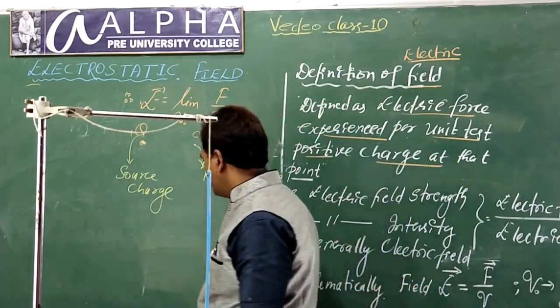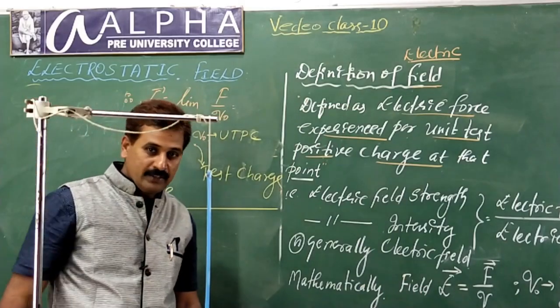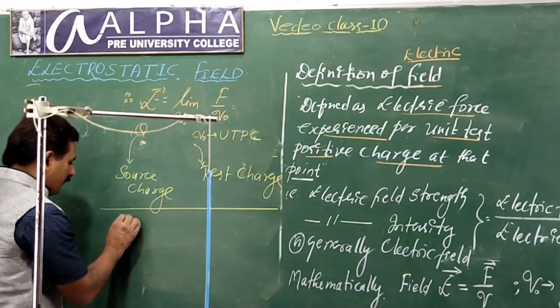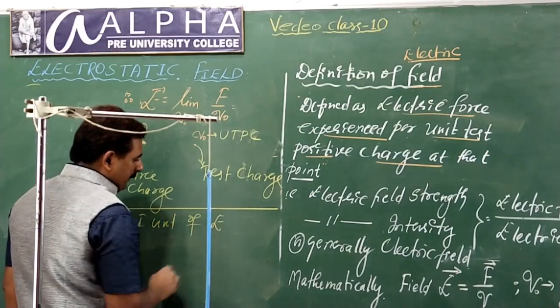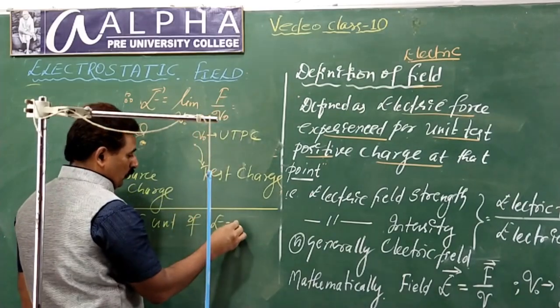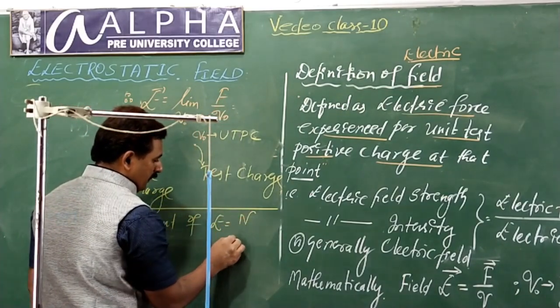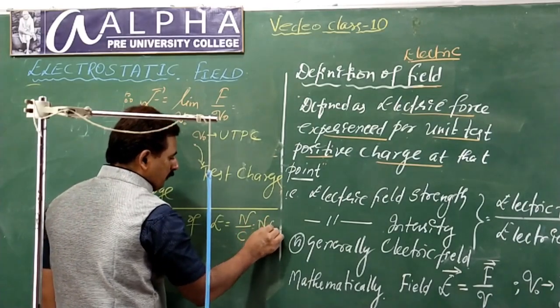Students, once you write this way, then it's time to write the SI unit. That's what you do always. What is the SI unit of E? What is E? F by Q. What is the unit of force? Newton. What is the unit of charge? Coulomb. So you can write Newton per Coulomb.